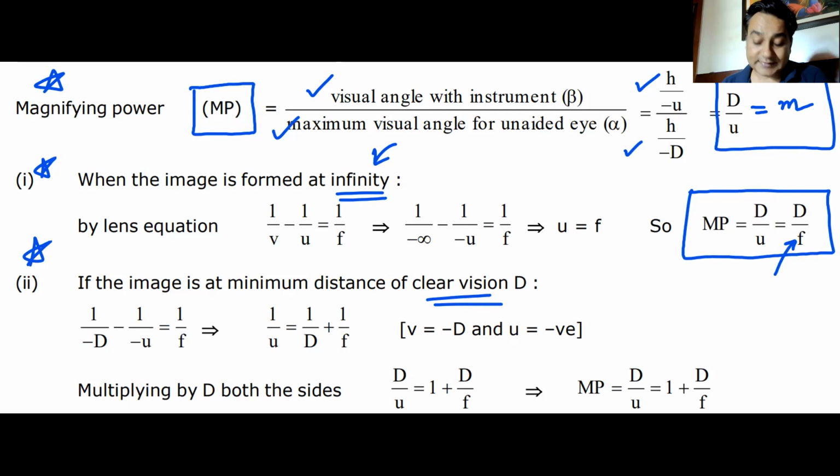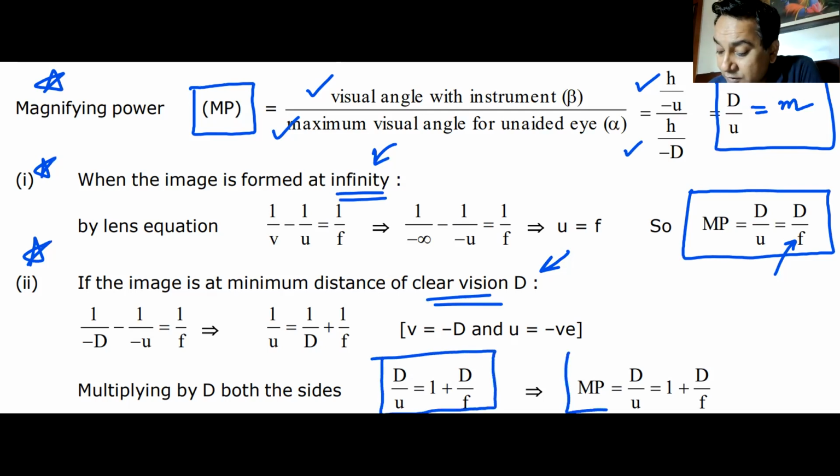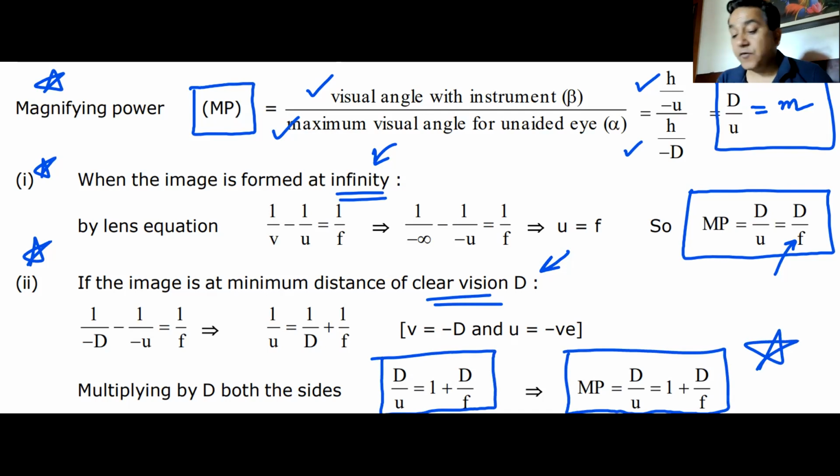Do we understand this? Similarly, when the image is formed at the least distance of distinct vision, just find the value of d by u. In this case, the value of d by u will come as 1 plus d by f, and this is the simplest form in which you can remember this. For image formed at infinity, the magnifying power is d by f.